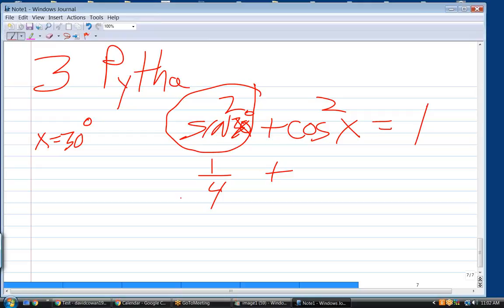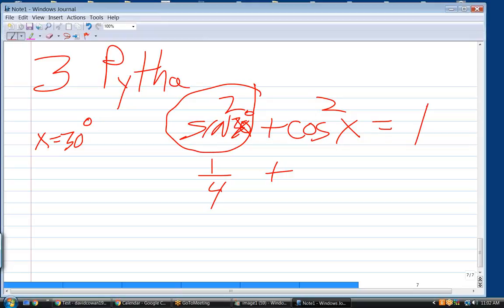Trig functions give you ratios, so it's going to be hard to get a pi in there. The only place pi would come in is in the angle. I could have said pi over 6 instead of 30 degrees, but the trig function of an angle is not ever going to have a pi in the answer.